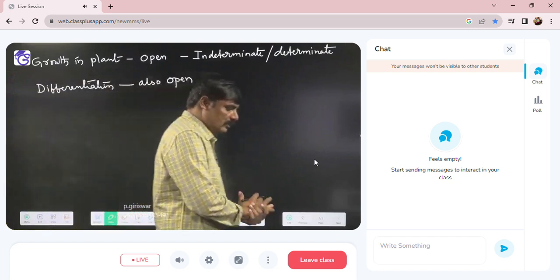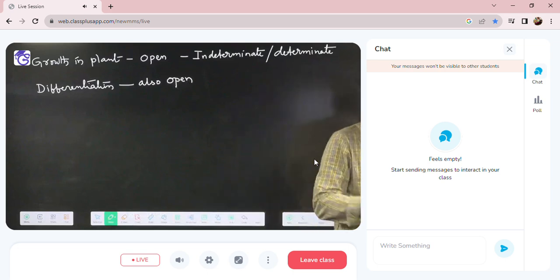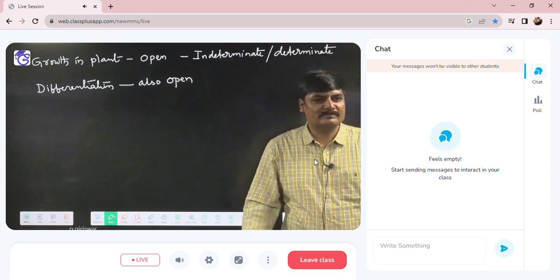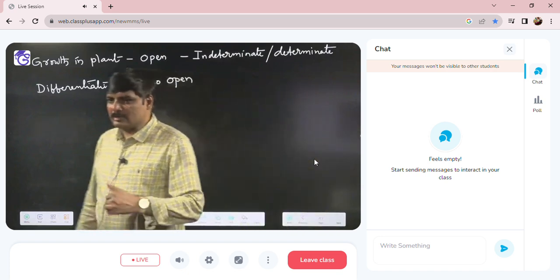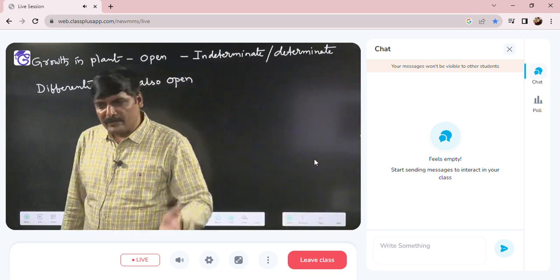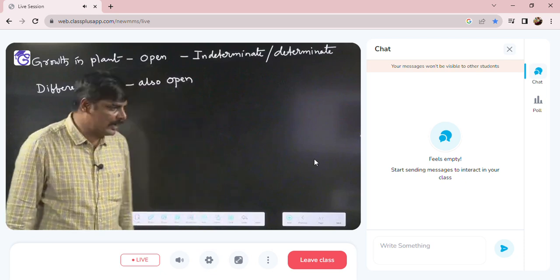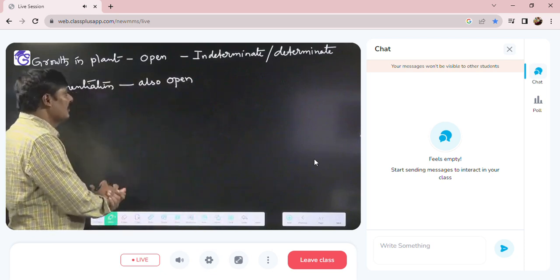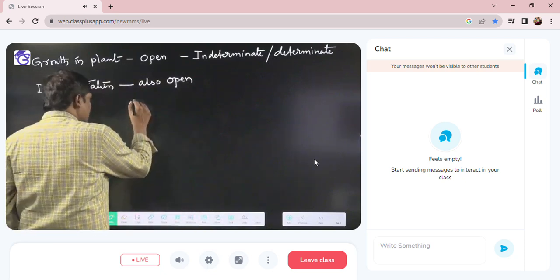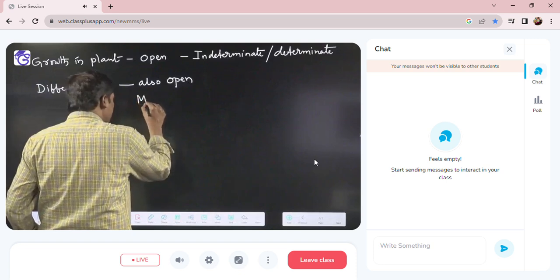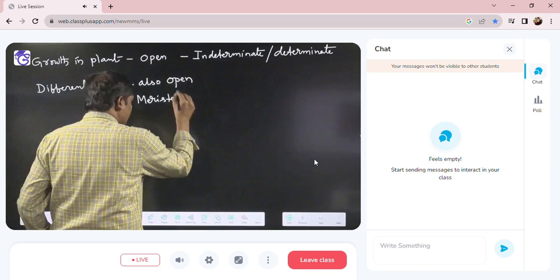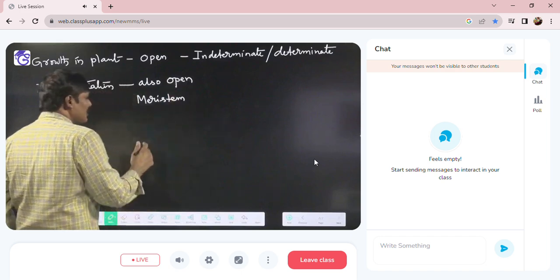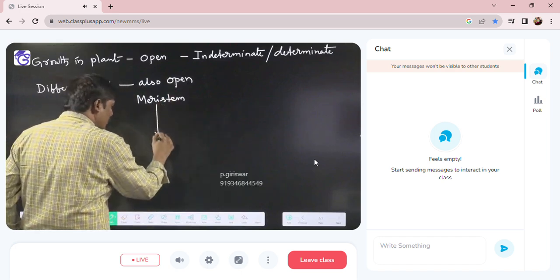Growth is open, differentiation is also open, because from one meristem, several cells are formed.